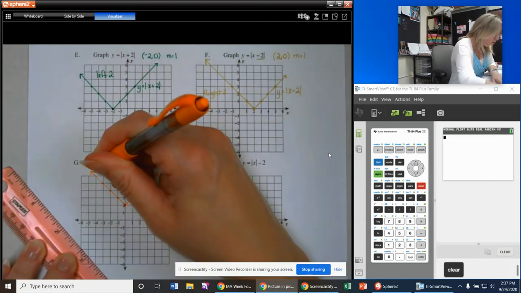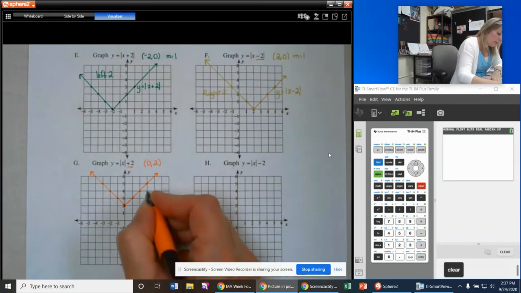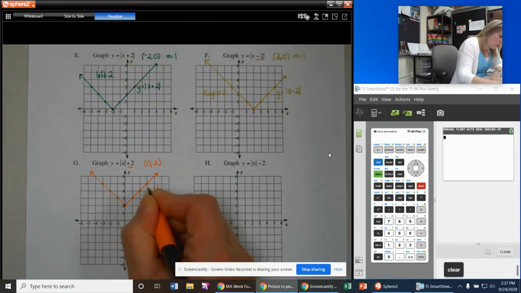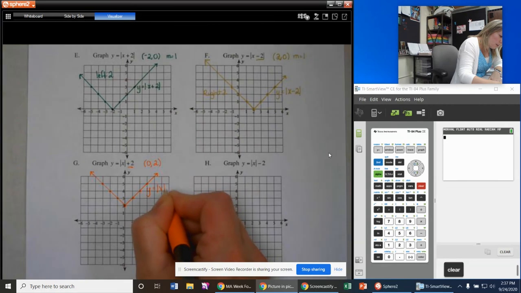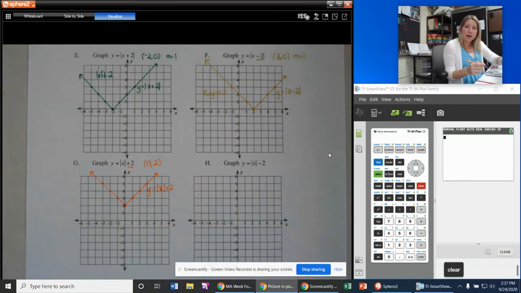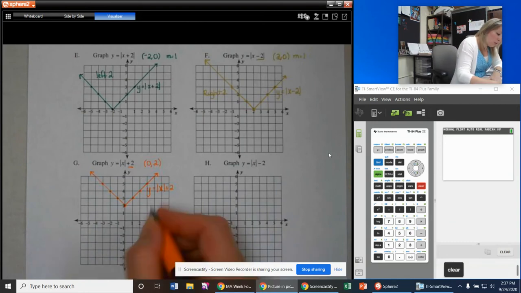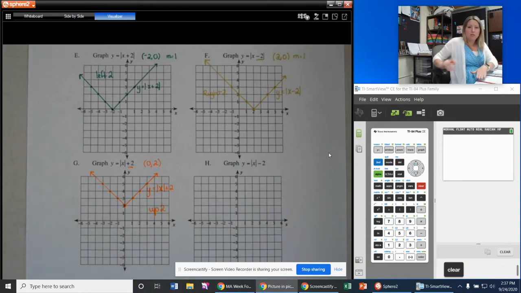Can I? Sure. I can use that graphing calculator anytime I want, but it just becomes a little bit easier and quicker to just look at that equation and say, yeah, okay, I know how that guy's going to move. This one went up 2 from that 0, 0 vertex.